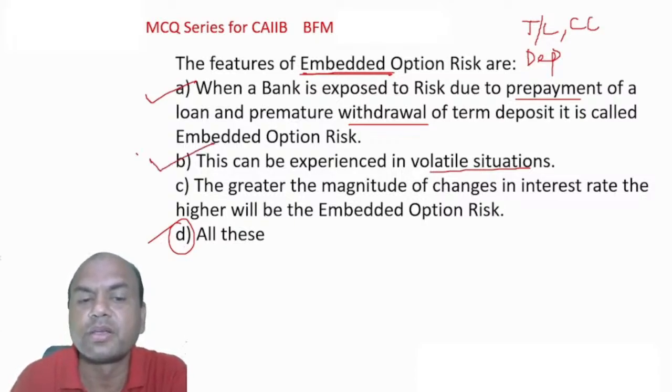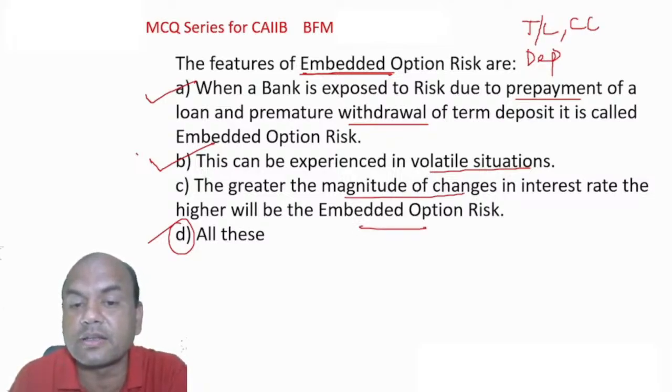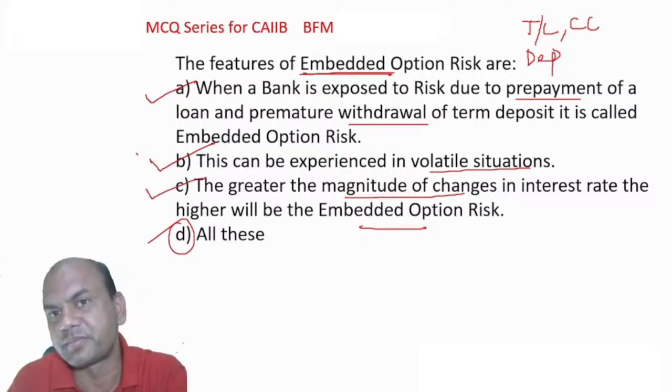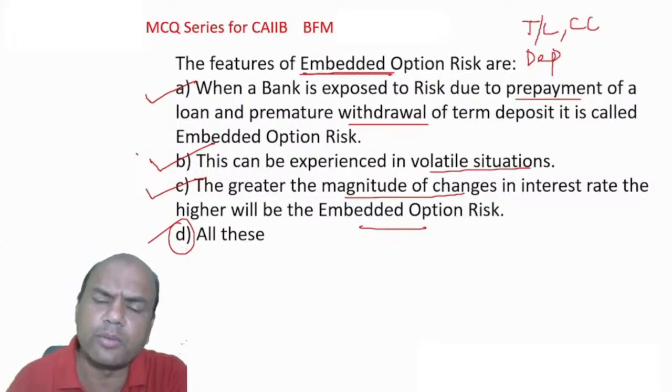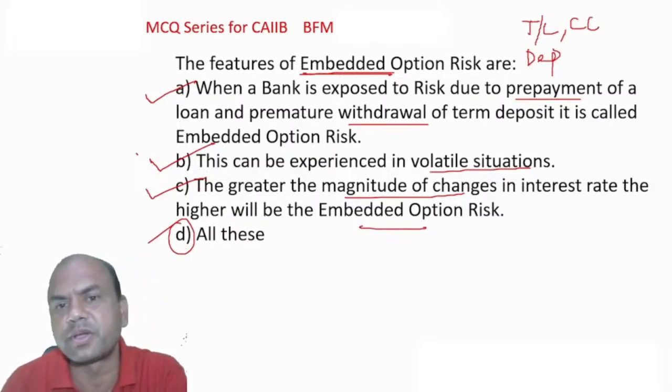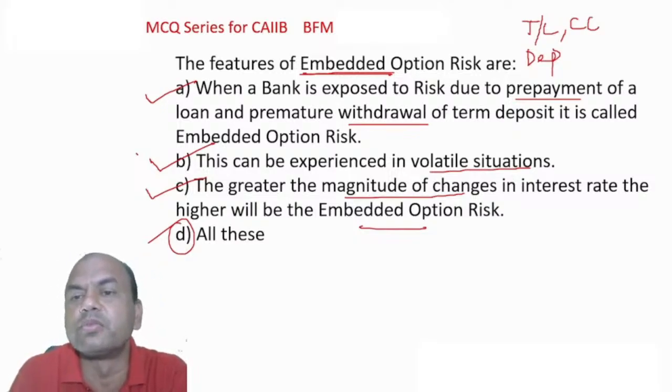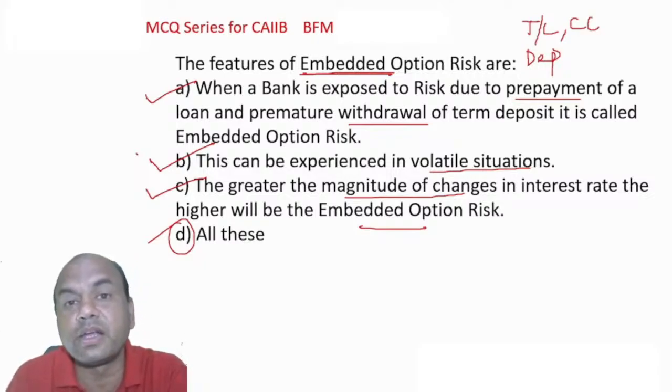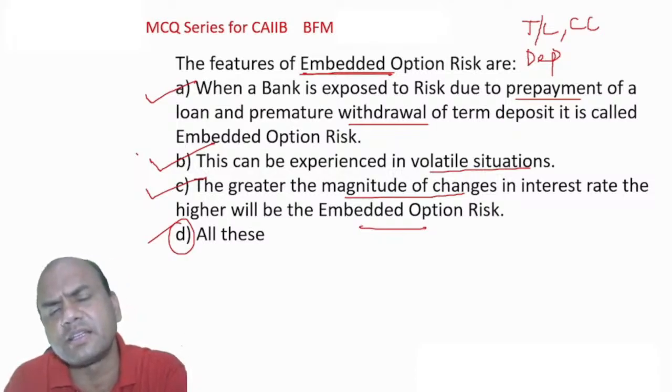C is true. The greater the magnitude of the changes in the interest rate, the higher will be the embedded option risk. So the more the changes in the interest rates, the more will be the embedded option risk. So that is correct. These things do happen in volatile situations, because if the customer has a loan with you, and due to volatility the rate of interest of the loan changes drastically.